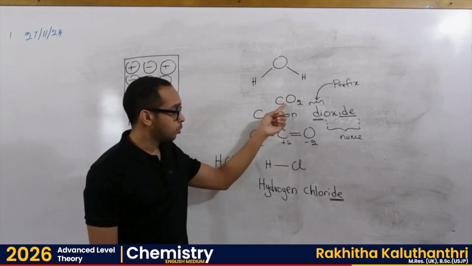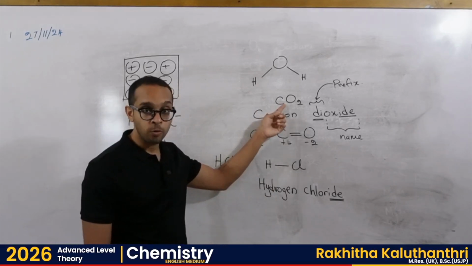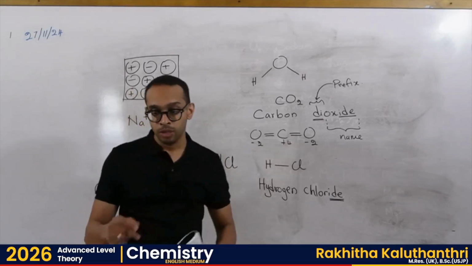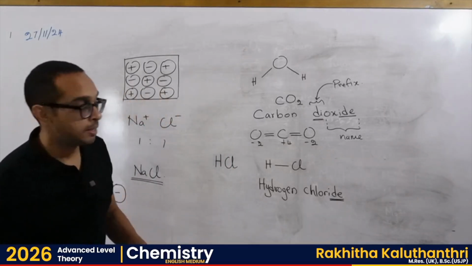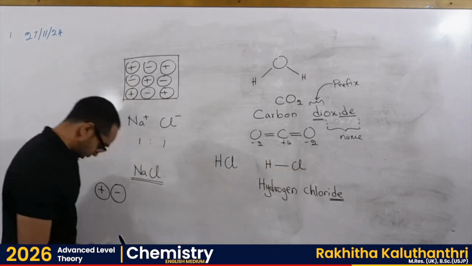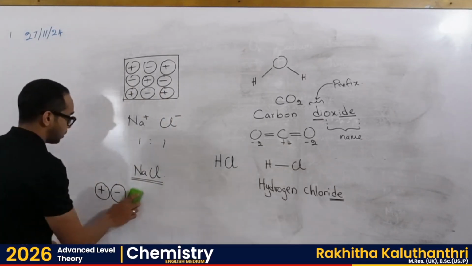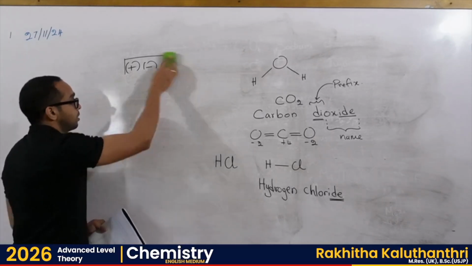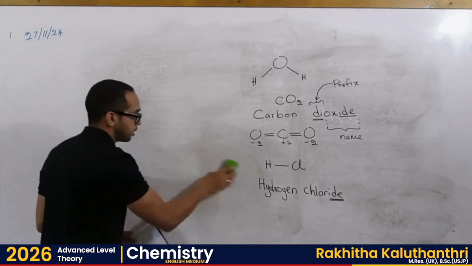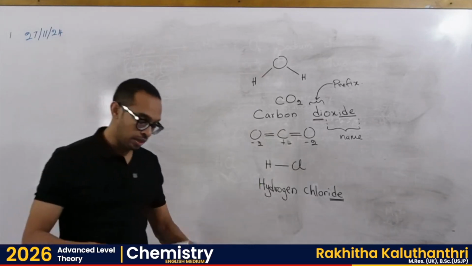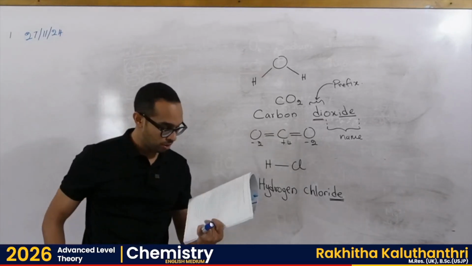But if there is more than one, like 2 or 3 or 4, then we have to include a prefix. So the naming will get clearer as we look into the rules in a bit more detail. So let me do just that, right? We'll look into the rules so that you will get clear as to how we should do this.